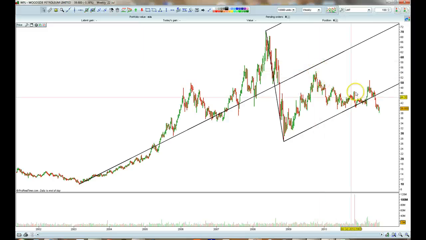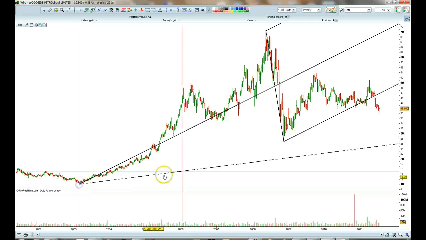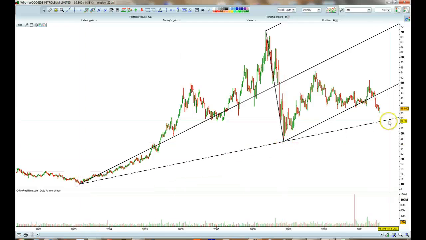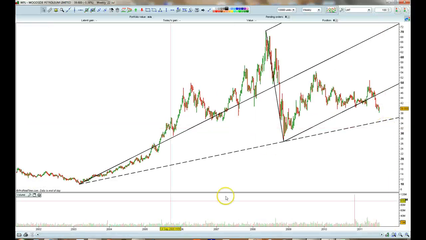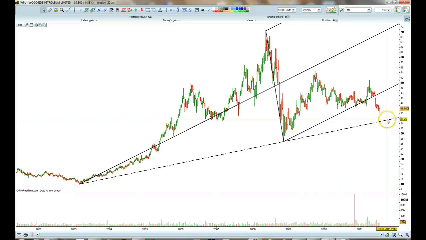It's failed to reach the median, and usually when it does that, it does have a reaction back. I'll just draw the trigger line there. So if it does drop to $35, that's the line to look at as potential support, I suppose.